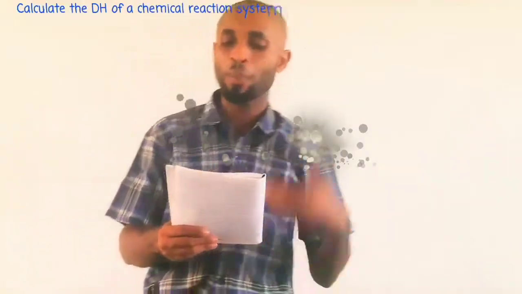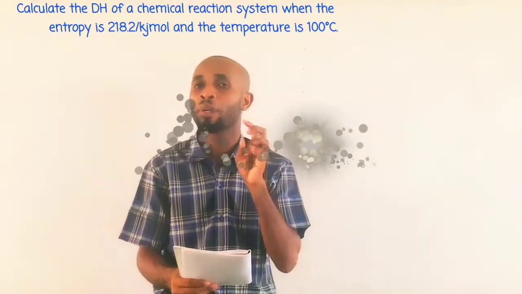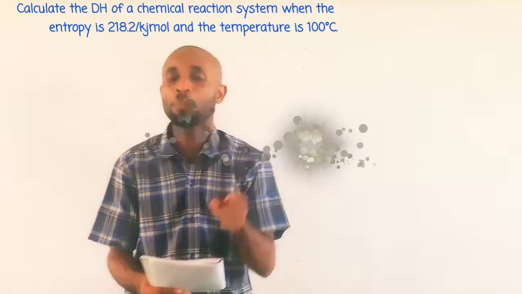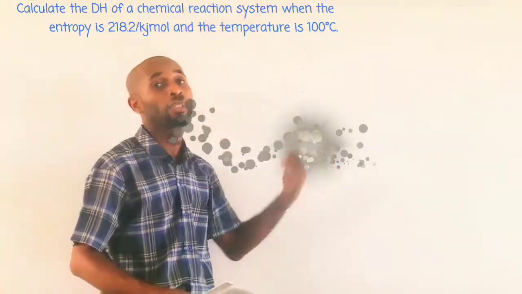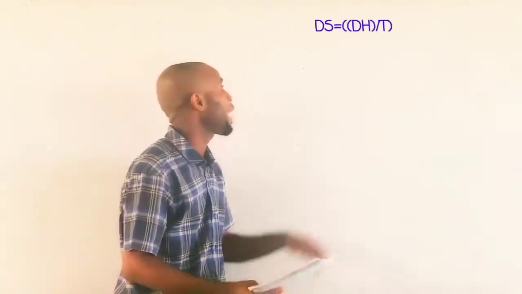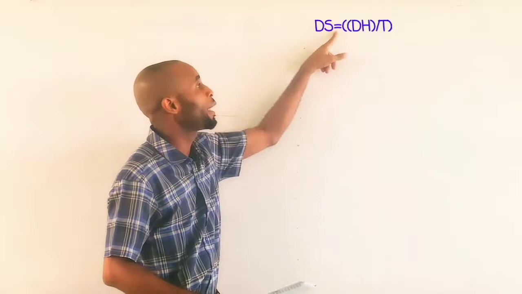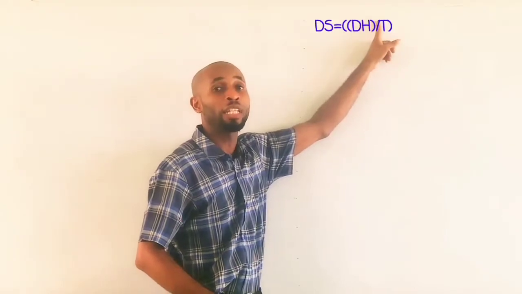Calculate the change in heat of a chemical system when the entropy is 218.2 kilojoule per Kelvin per mole, and the temperature is 100 degrees Celsius. Notice that this 100 degrees Celsius is converted to Kelvin to give us 373 Kelvin. The formula goes: change in S equals change in H all over T, where T is temperature, H is heat, and S is entropy.